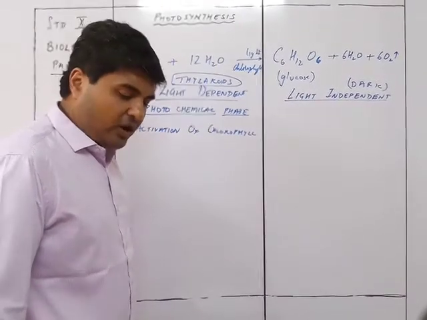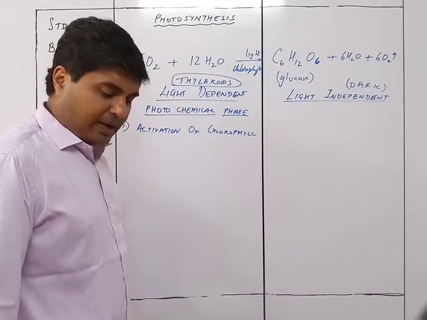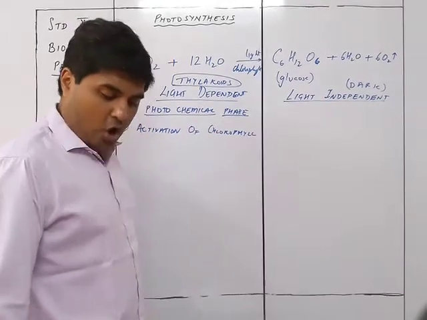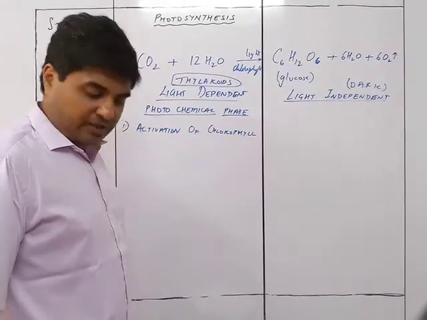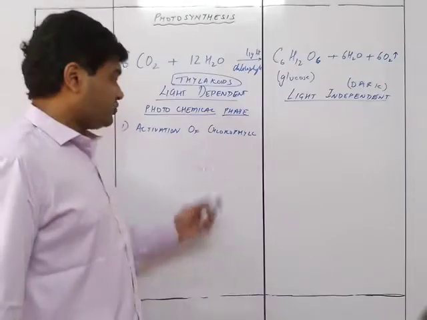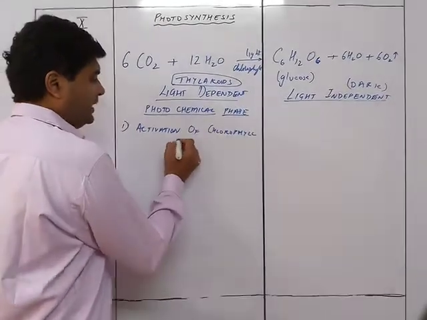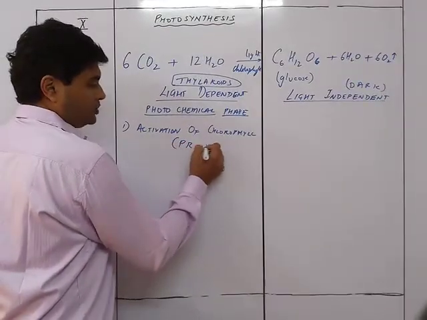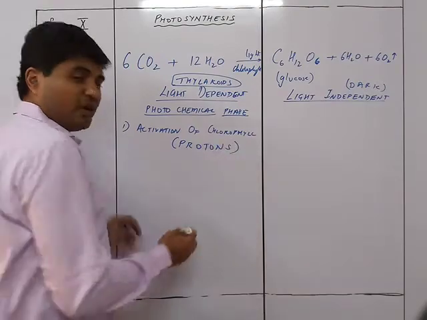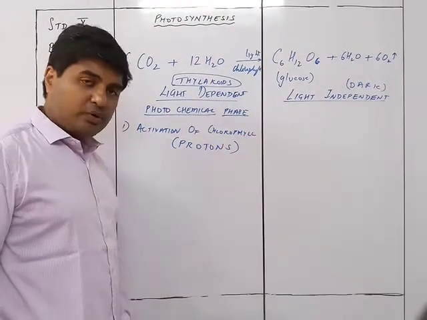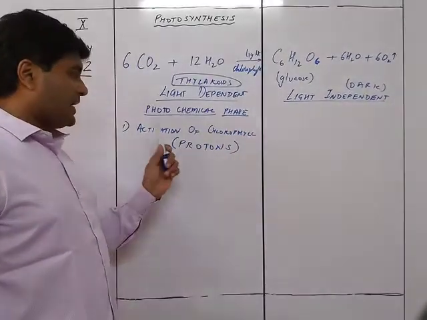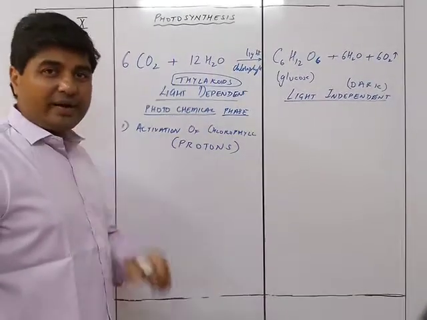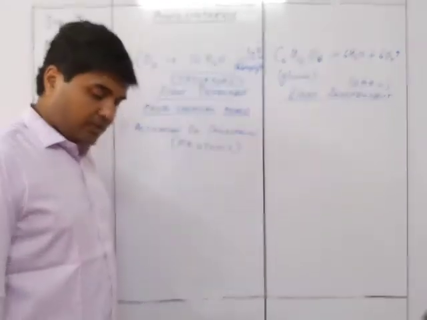So the chlorophyll, on exposure to light energy, becomes activated by absorbing photons. A photon is the smallest unit of light energy.